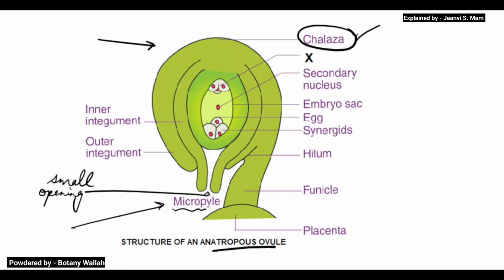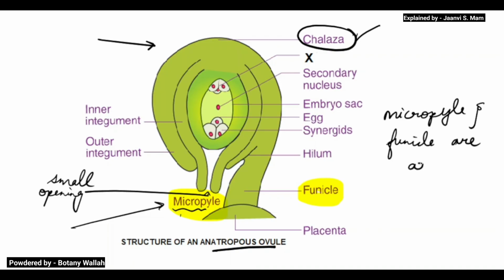The micropyle is actually near to funicle, they are adjacent to each other, and plus this micropyle is downward.